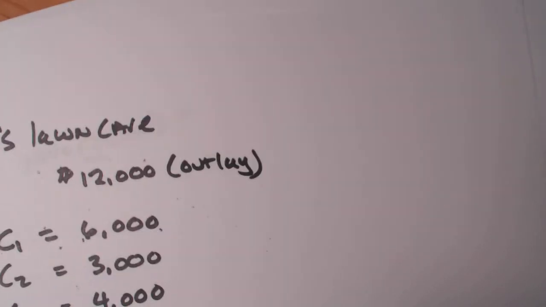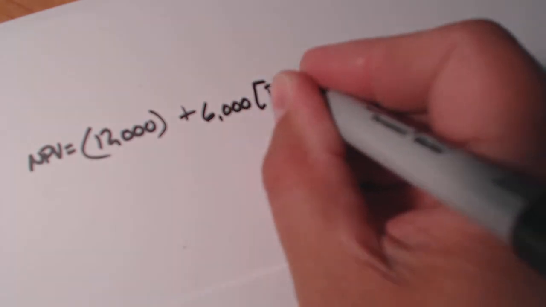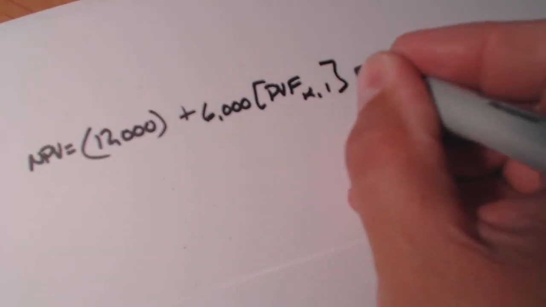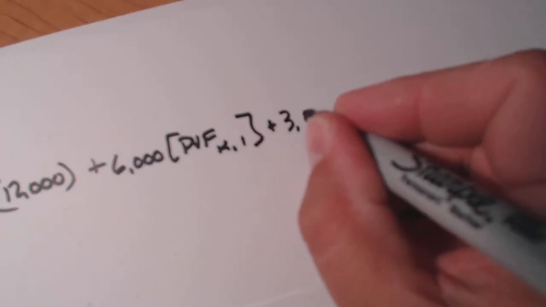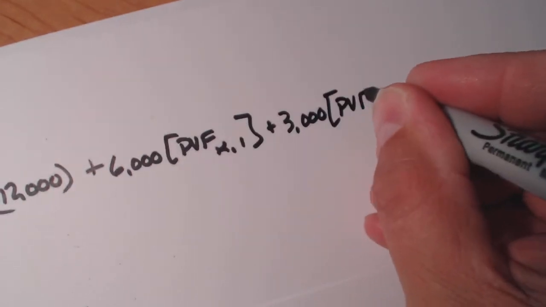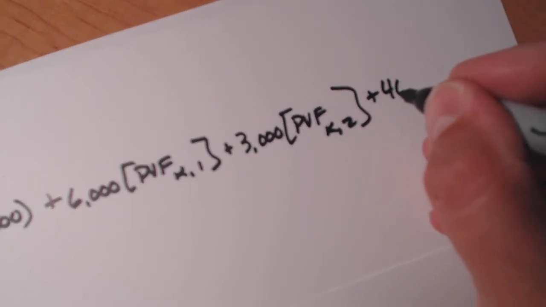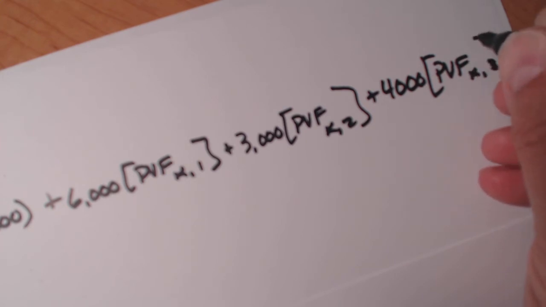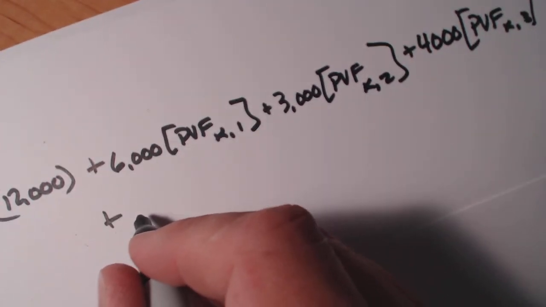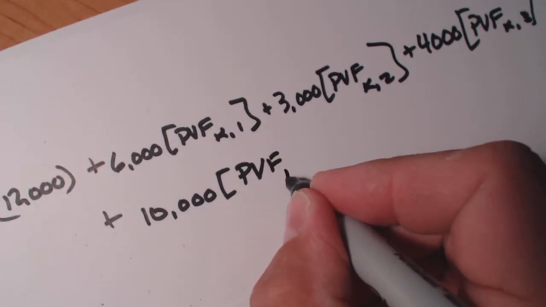Plus C1. Now he made $6,000 the first year, so it would be 6,000 times PVF K1, plus C2, which was 3,000 times PVF K2, plus 4,000, because this is C3, times PVF K3, plus 10,000 for PVF K4.